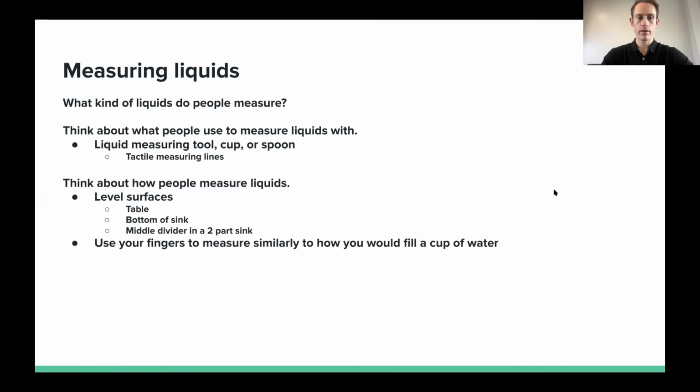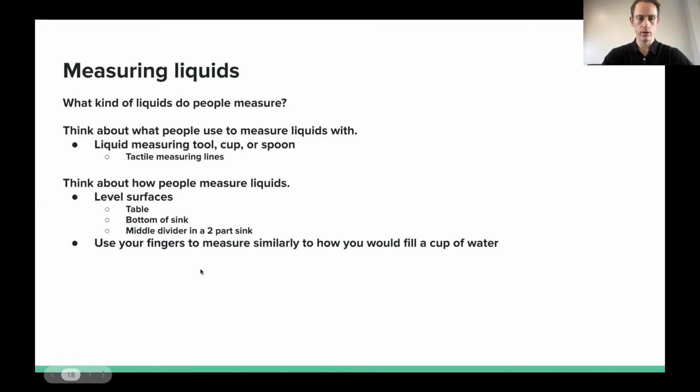All right, some other ways you might measure liquids is using your fingers to measure, similarly to how you would fill a cup of water. So if we have a tactile measuring cup or tool, you can place your finger on there and feel when that liquid gets up to the level that you want. Or you're feeling the top of the measuring spoon to know.